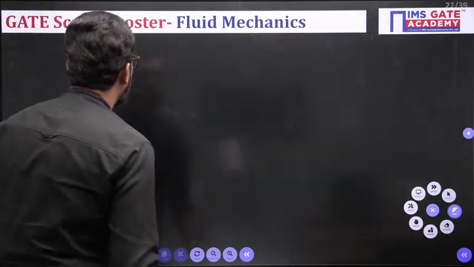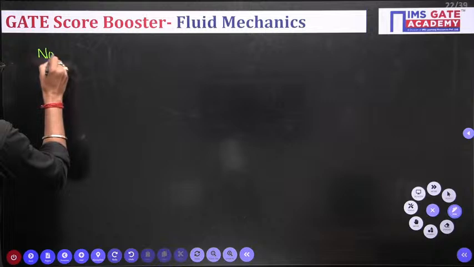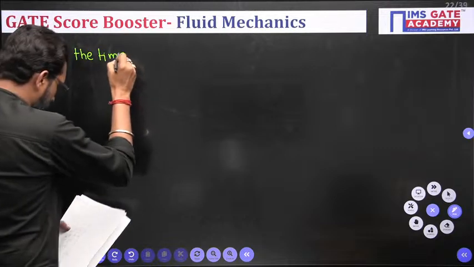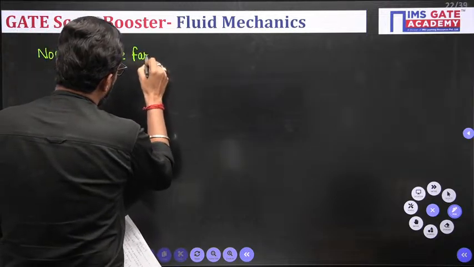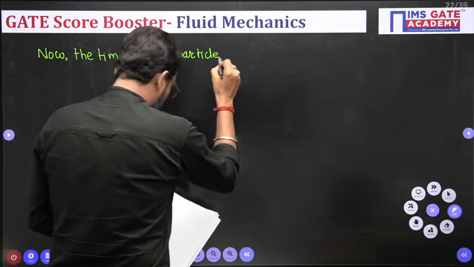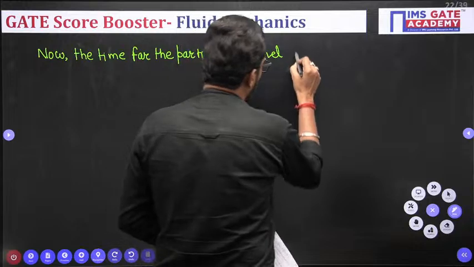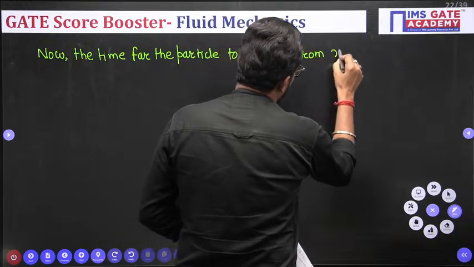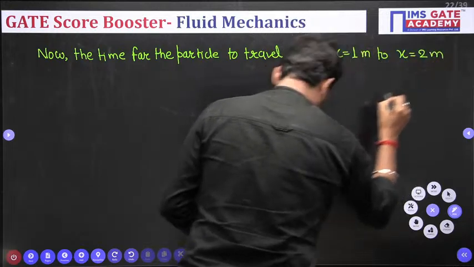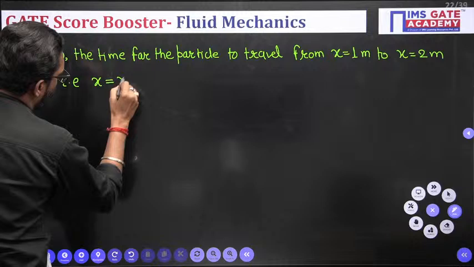For that, very important, we have to find the time for the particle to travel from x is equal to 1 meter to x is equal to 2 meter. That is, x is a function of time.